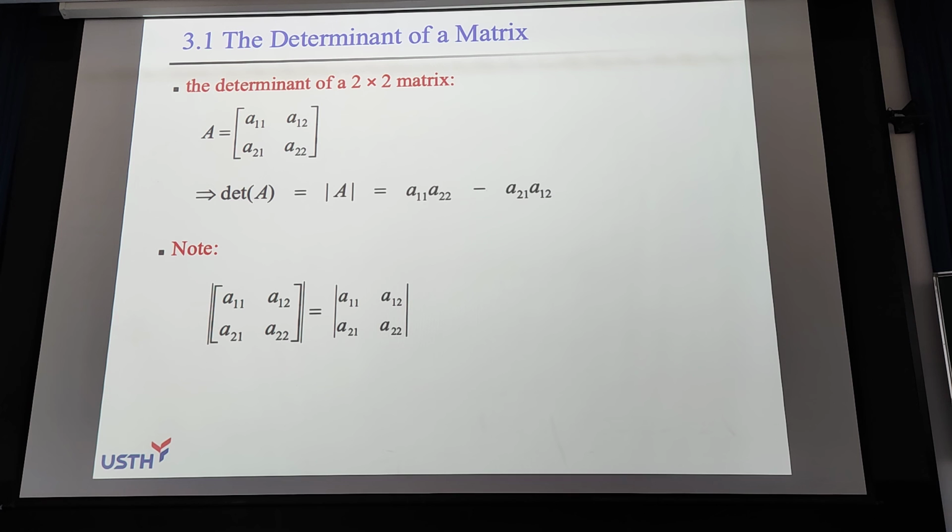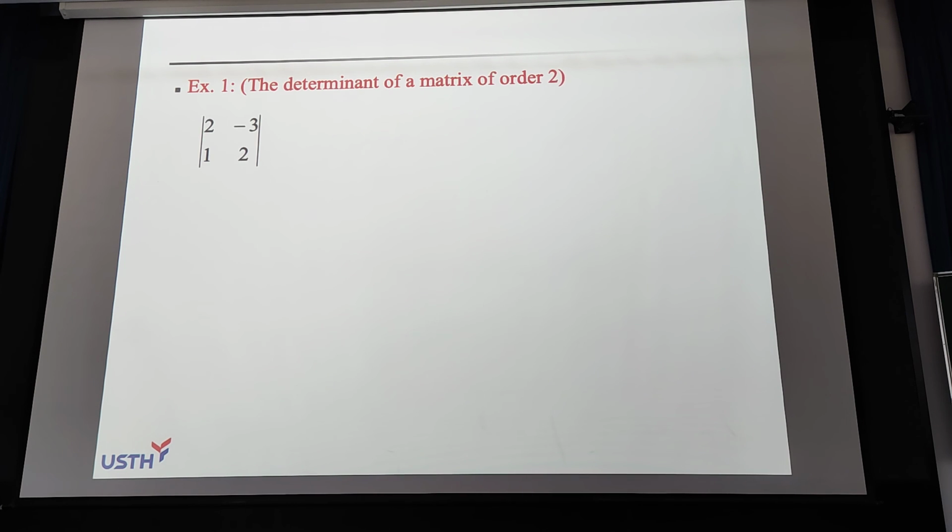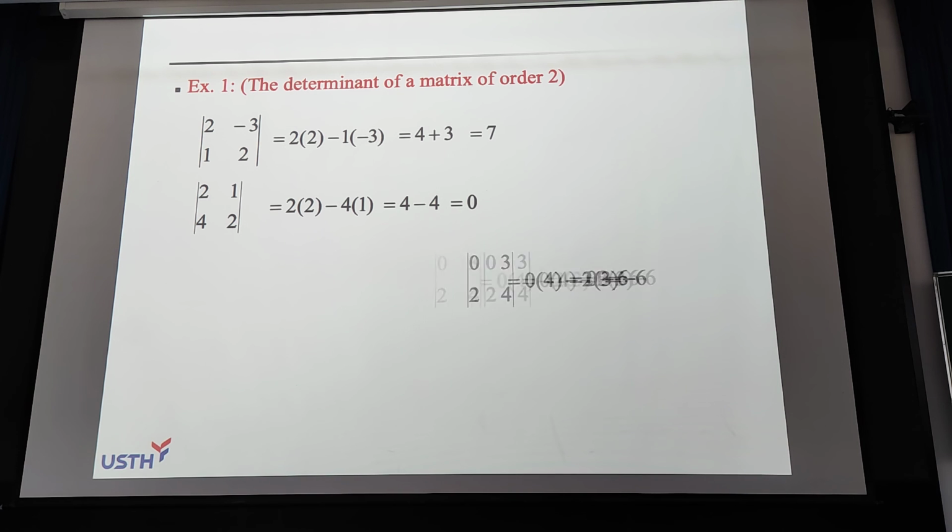You can write 2 vertical lines on both sides of the matrix, like that. And here are examples for you, in case you have numbers, and it is like that.